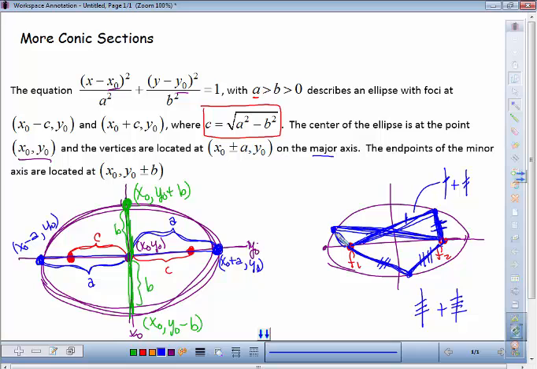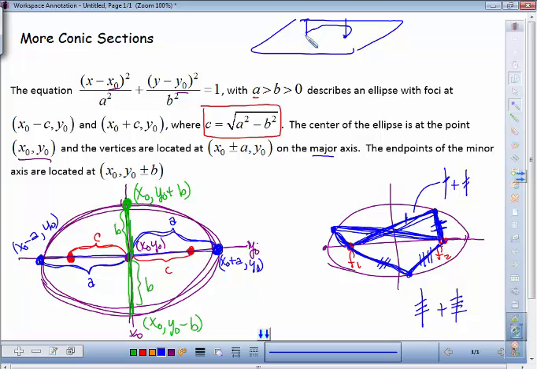If you Google an ellipse, you might run into a picture of 2 nails on a board. You've got 2 nails on the board and a string attached to them.